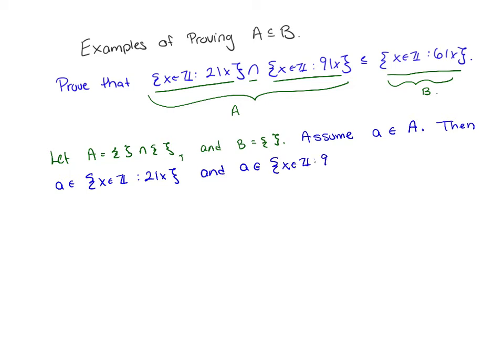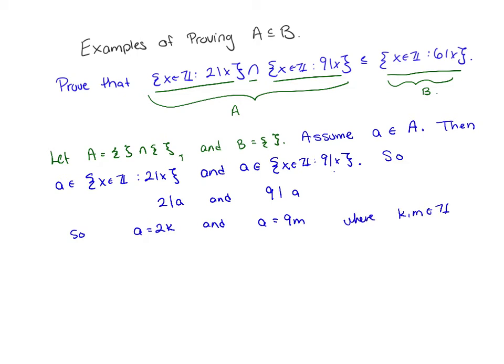So both a is in the set of multiples of 2, and a is in the set of multiples of 9. But in order to be in that set, that means it satisfies the relationship of that set. So we know that 2 divides a and 9 divides a. So a can be written as 2 times k, and a can be written as 9 times m, where k and m are in Z.